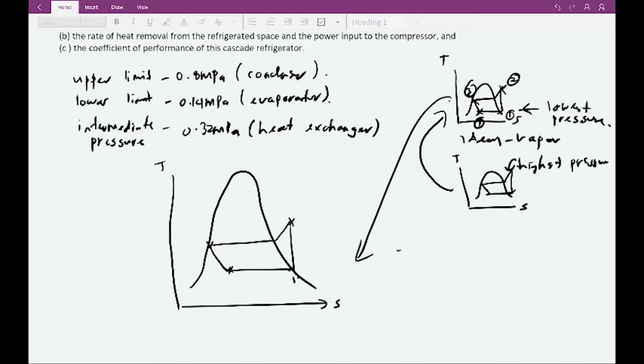This is state number 1, state number 2, state number 3, and also state number 4. This is your lowest pressure, which is 0.14 MPa. Then I copy another one and put it on the upper side, here, state 1.